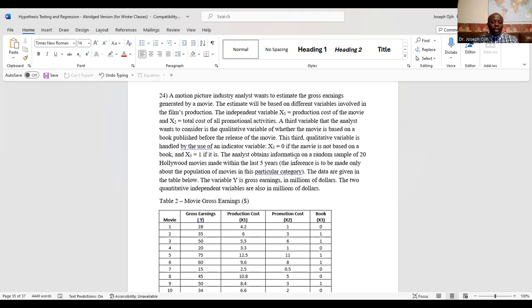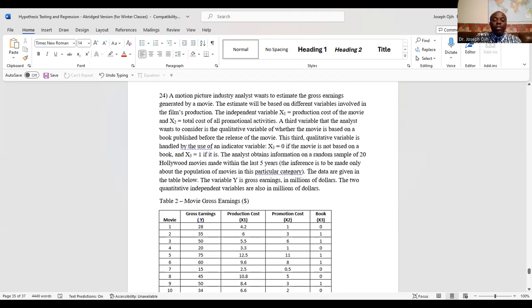The analyst obtained information on a random sample of 20 Hollywood movies made within the last 5 years. So the inference is to be made only about the population of movies in this particular category. The data are given in the table below.